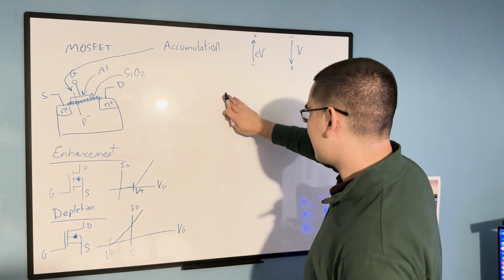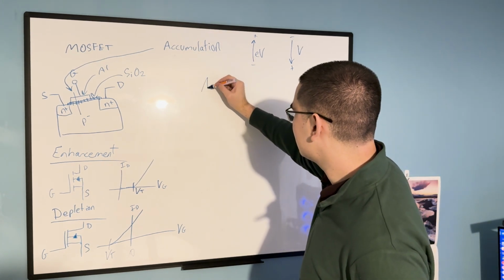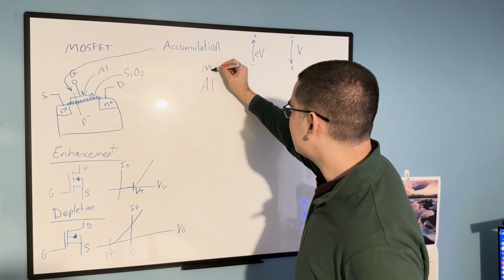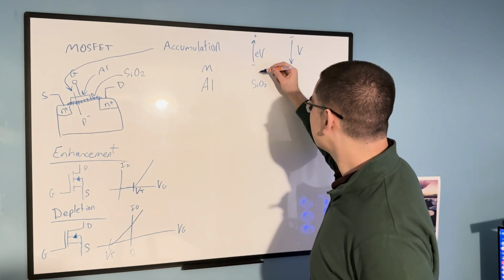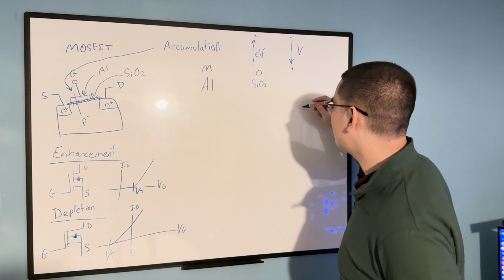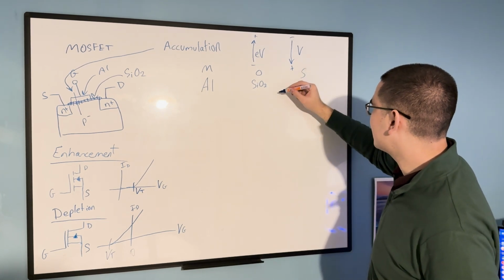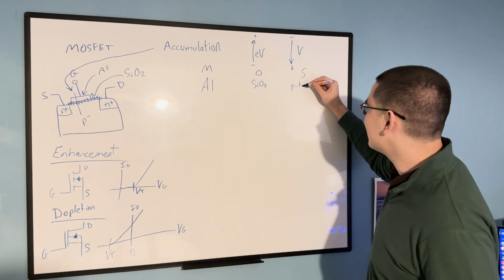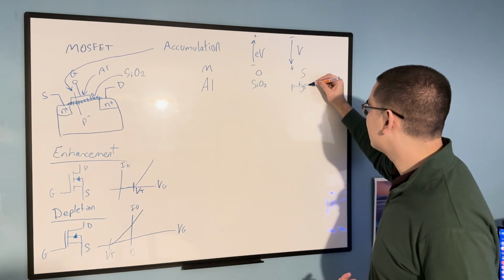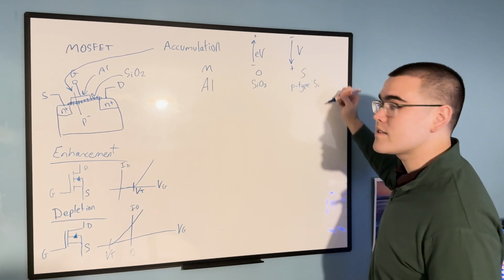So let's start with the diagrams now. So this is aluminium, the metal, silicon dioxide, the oxide part, and here's the semiconductor part. For this case, let's work with P-type silicon.